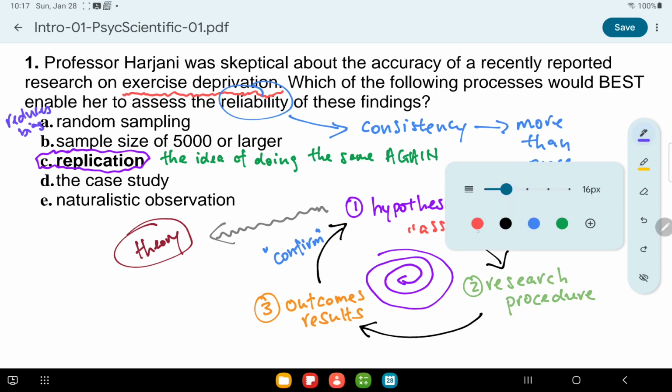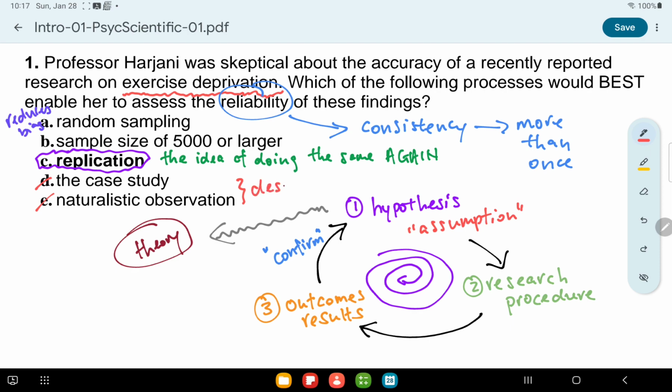Now, there are two other options here which we'll quickly evaluate. The case study, not a good answer. Naturalistic observation, not a good answer, because both the case study and naturalistic observation are strategies when it comes to the level of research we refer to as description. And in descriptive research, all we intend to do is to make observations and to describe what's happening.